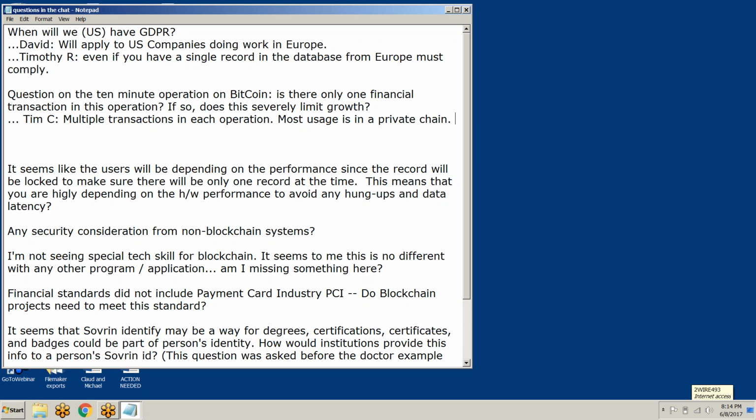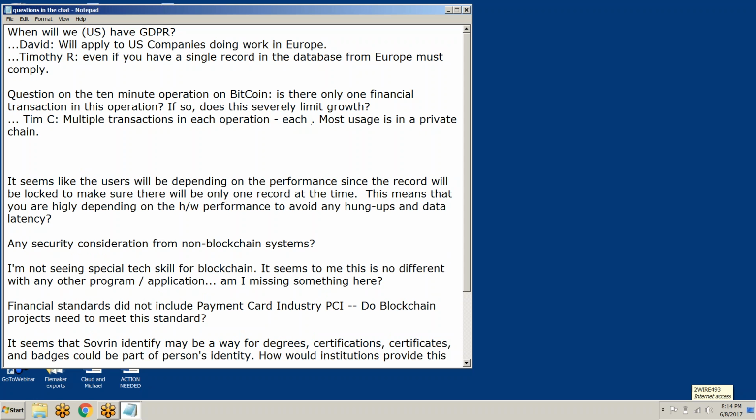Maybe just to clarify, a block can have multiple transactions in it, but each row is a single transaction. Joe sends 100 Bitcoin to Bill, and you can also have Susie sends 20 Bitcoin to Mary.